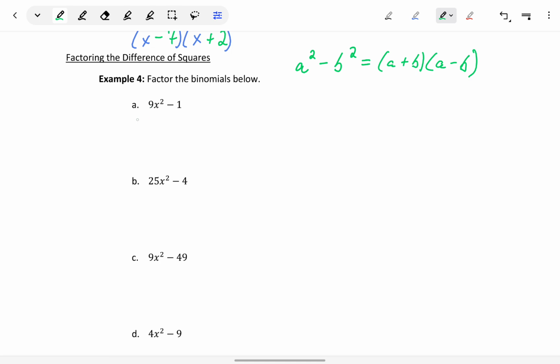9 is a perfect square. X squared gives us x as a perfect square. So we can rewrite this first term as 3x, that quantity squared. And then 1 is also a perfect square because we can rewrite this as 1 squared.